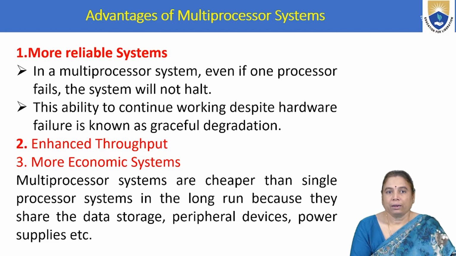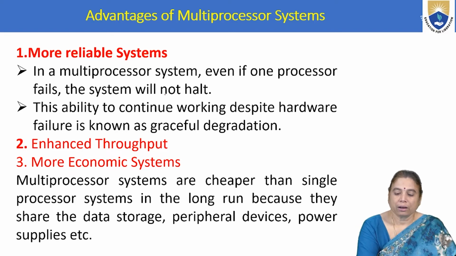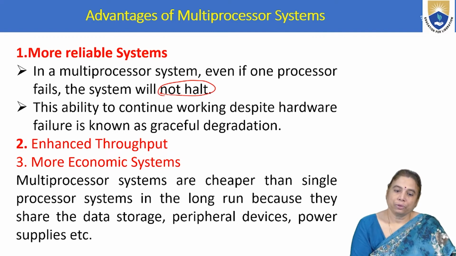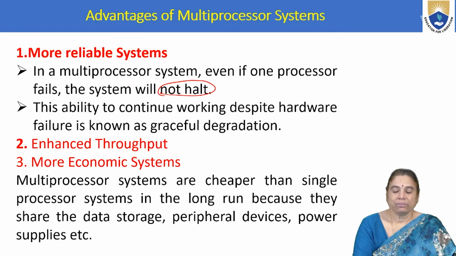The entire system does not fail, but it somewhat slows down, which is generally referred to as graceful degradation. So in a multiprocessor system, even if one processor fails, the system will not halt. It continues to provide functionality to the user. This ability to continue working despite hardware failure is known as graceful degradation.